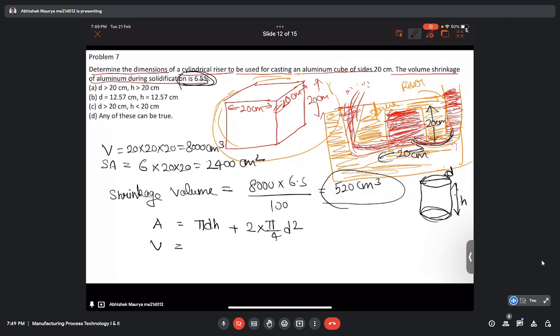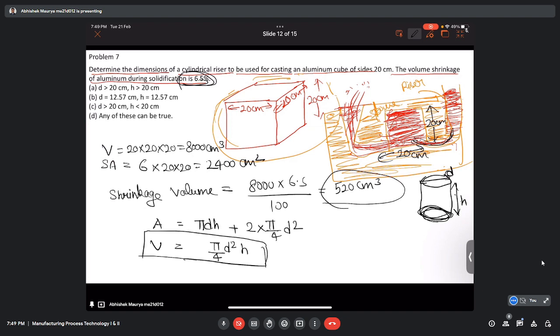So the volume of the riser will be pi by 4 d square h, or the area of the base of the cylinder times the height of the cylinder.